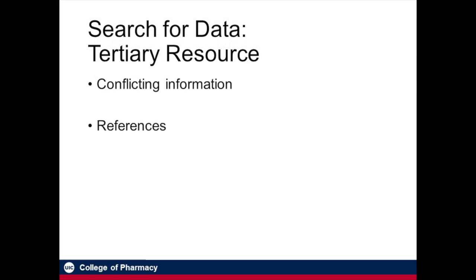Depending on the type of tertiary resource you are utilizing, for example, a textbook versus a website, the resource may not reference the statements made within the document. In this situation, you should make a good effort to identify alternative resources which reference the information provided.